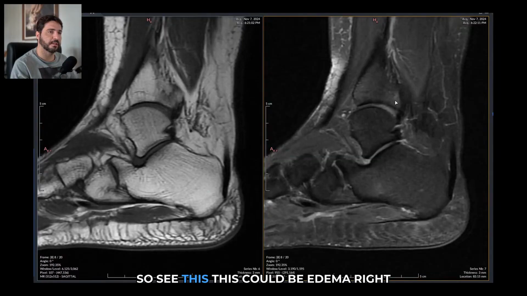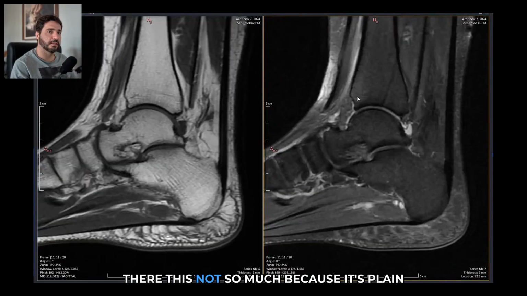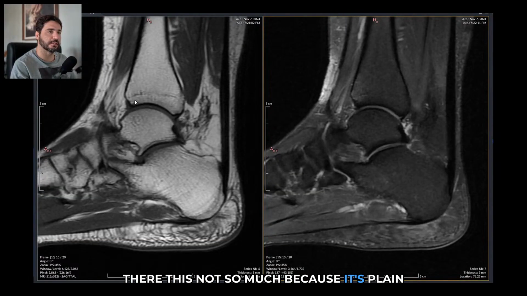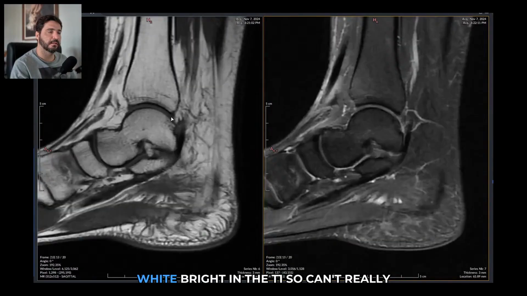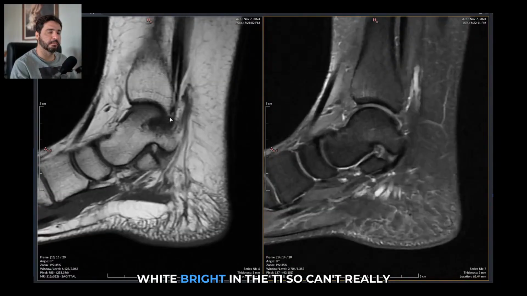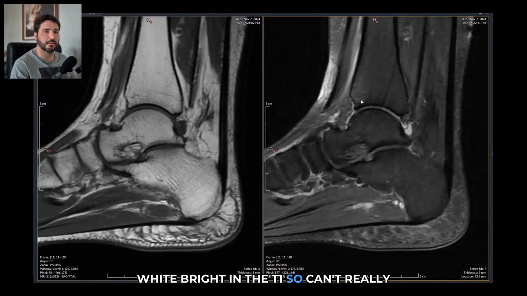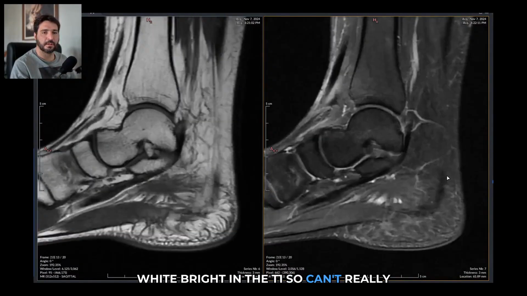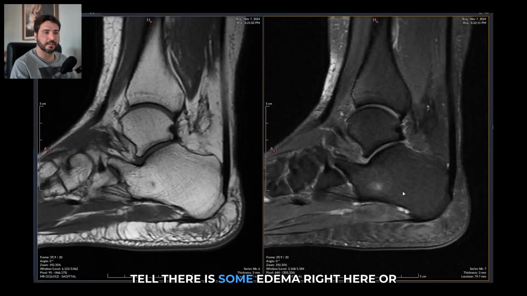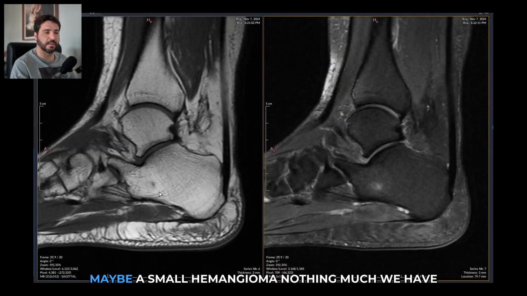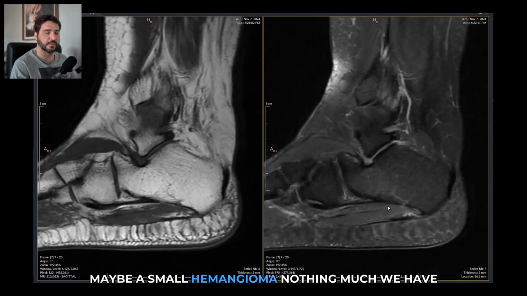So see, this could be edema right there. This not so much because it's plain white, bright in the T1, so can't really tell. There is some edema right here, or maybe a small hemangioma.